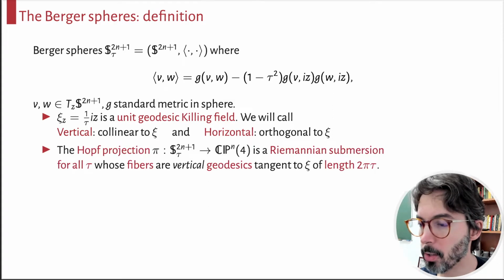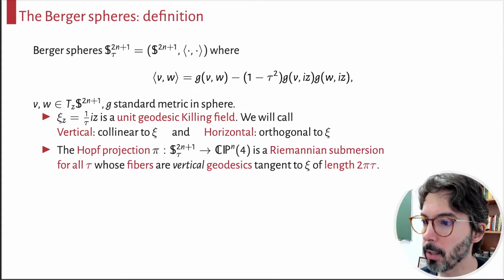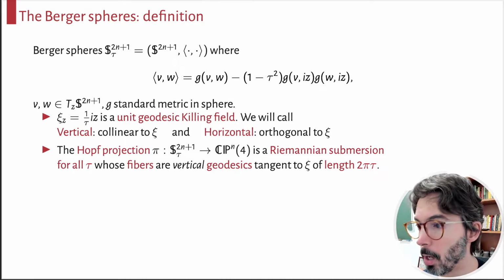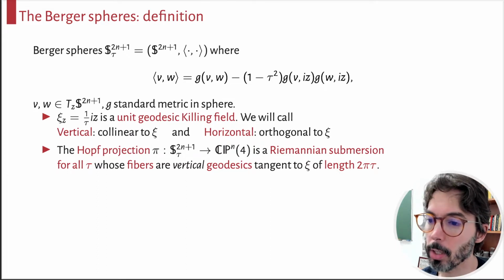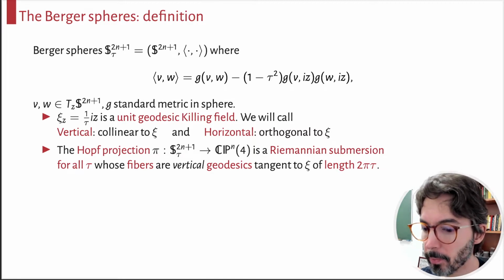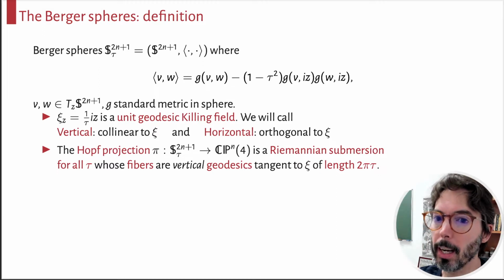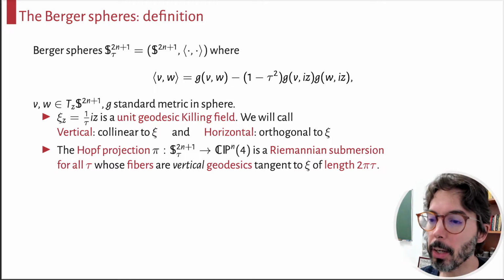The Hopf projection of the odd-dimensional sphere with this metric into CP^n is a Riemannian submersion for all tau, whose fibers are vertical geodesics tangent to psi of length 2 pi tau. Here we see the precise geometric meaning of the parameter tau. Tau is increasing or decreasing the length of the Hopf fibers.